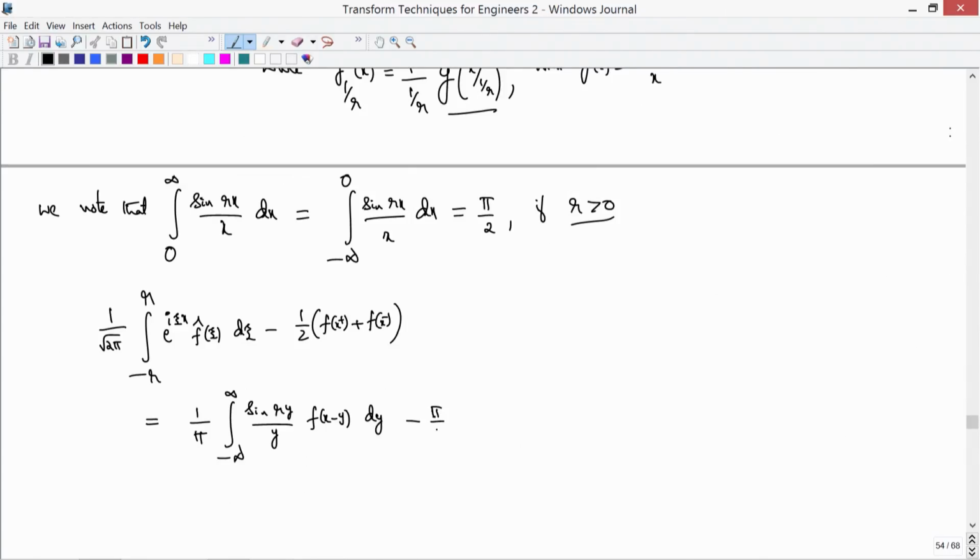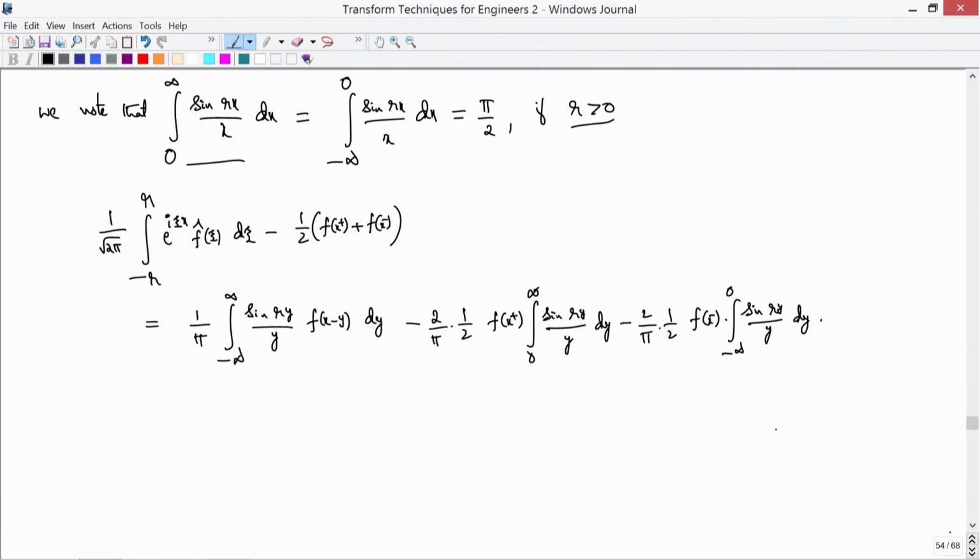I multiply 2 by pi into half f x plus, and because I multiplied this 2 by pi, I have to multiply pi by 2. So, that pi by 2 I replace with this integral, 0 to infinity sin r y by y dy. For the other one, again you do the same way, 2 by pi times half f x minus into minus infinity to 0 sin r y by y dy. So, 2 goes here both the places, and what you get is 1 by pi.